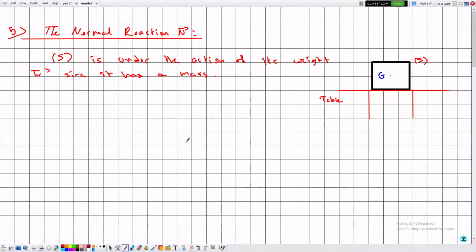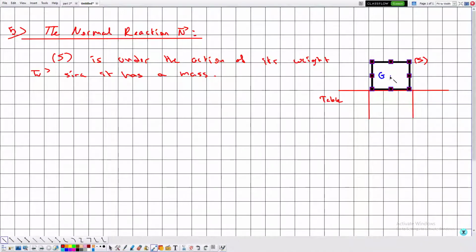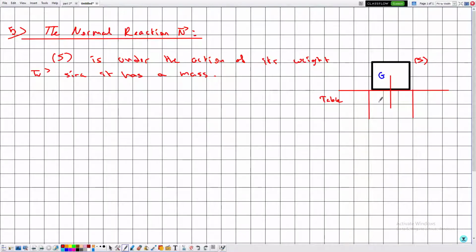Now let me represent the vector W, which is acting vertically downward, and because W is classified as acting at a distance, it will have a point of application, which is the center of gravity G.